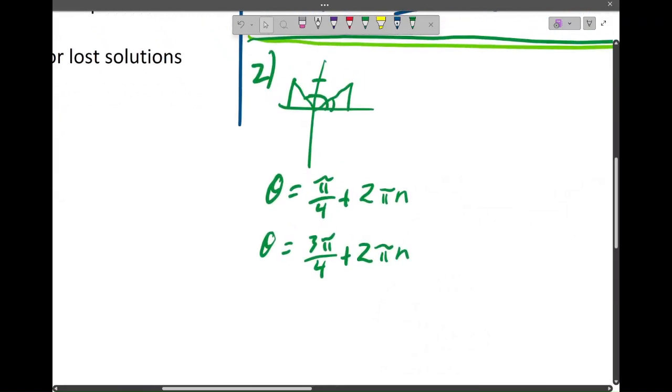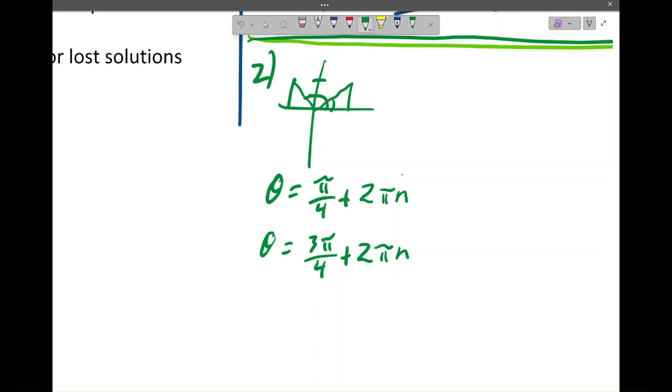So that means we just need to plug in values of n that make this somewhere between 0 and 2 pi. I hope it's pretty clear that if I plug in n equals 0, this will work: pi over 4, and 3 pi over 4. Those both check out. But if I add 2 pi on top of that, so n equals 1, then you'll have 5 pi over 4, which is outside of 2 pi.